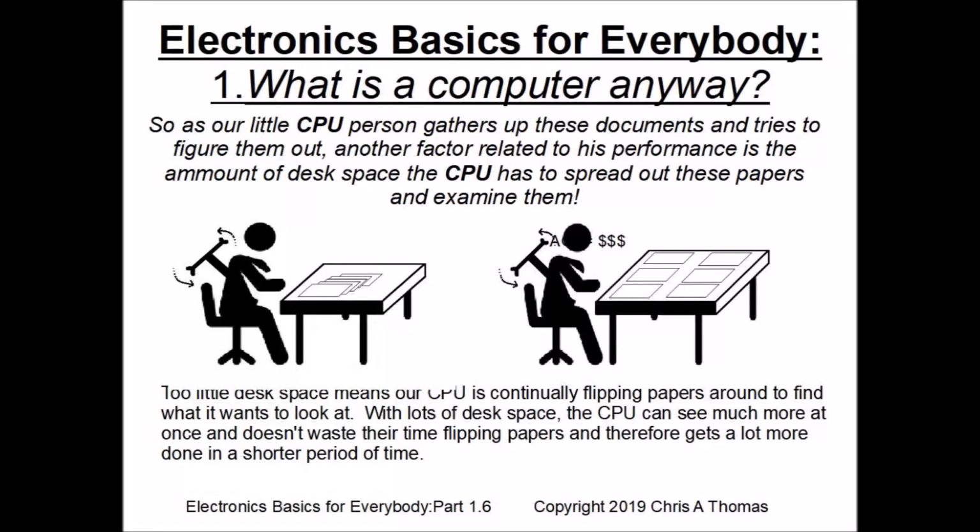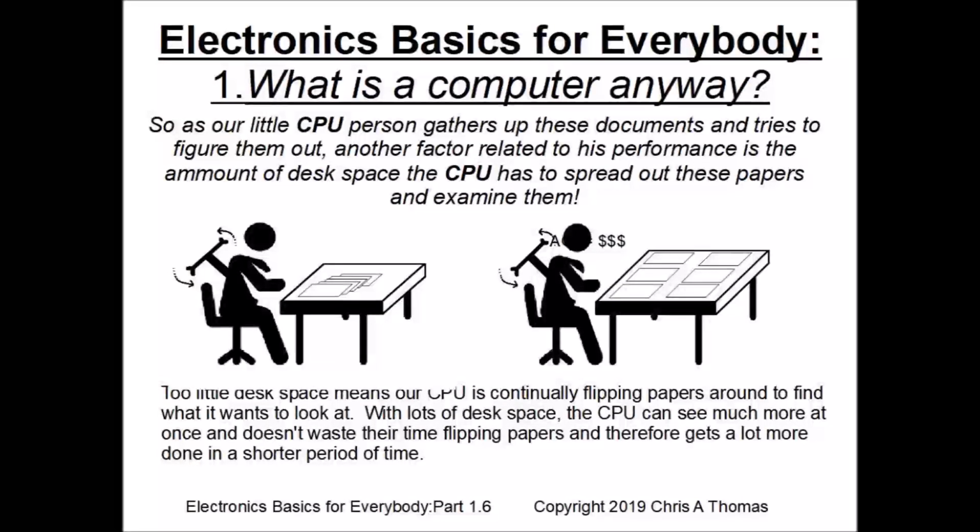And so as our little CPU person gathers up these documents and tries to figure them out, another big factor related to his performance, how fast he can do it, is how much space he has to spread them out and examine them. For if you have just a little bit of desk space, your little CPU is continually flipping through the papers, trying to find what it wants to look at.